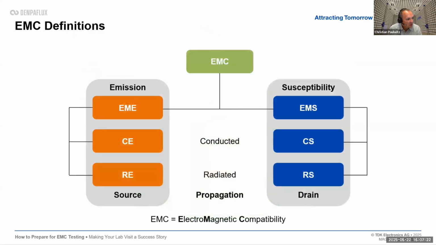That's the normal way. And then when it comes to physics and we have a look at electromagnetic phenomena, we see at first that they may propagate from an emission source to a drain either in a conducted way, propagating by lines, or via the air by fields: electric fields, magnetic fields, electromagnetic fields.